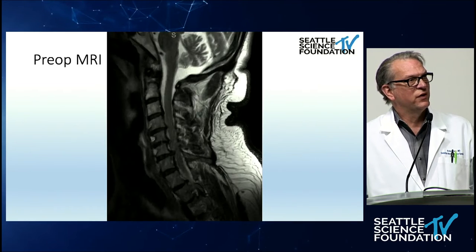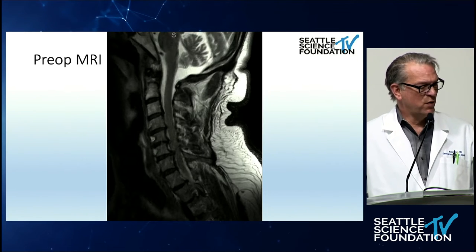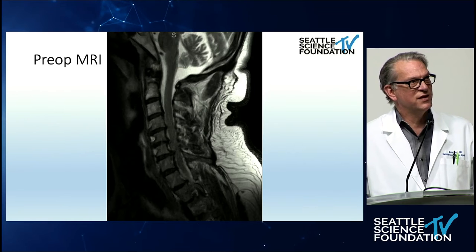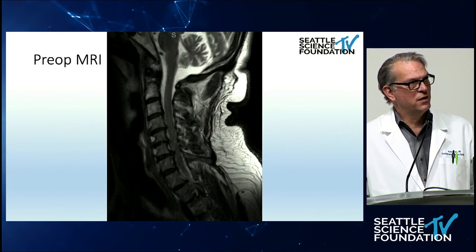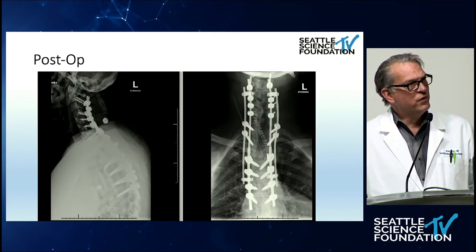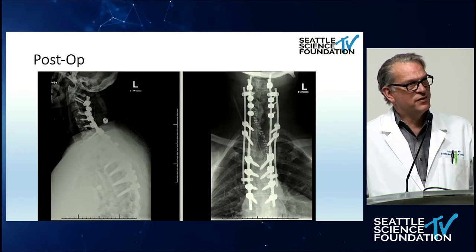And this is his MRI. I don't know if that's projecting well, but it does show multi-level stenosis, and he had some signal change in the cord as well, and really weak intrinsics and difficulty with gait. And so this is when I wanted to make sure that we got him balanced, and I did his posterior operation first with Ponte osteotomies in the upper thoracic curve.